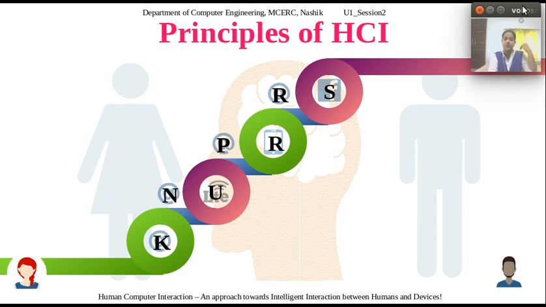In general there are a total of 7 principles of HCI, out of which the first rule is know the user. We will first see the names of all these principles, and then discuss every principle in detail.